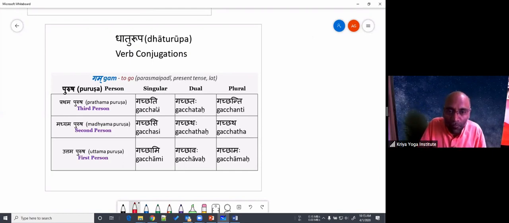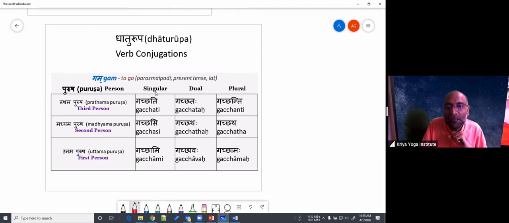Similarly, in the verb form, I have which person, which is the same as in English, but the order is a little bit different here: third person, second person, first person. We have three persons. Third person is like he, she, they. Second person would be you and you all. And first person is I and we.